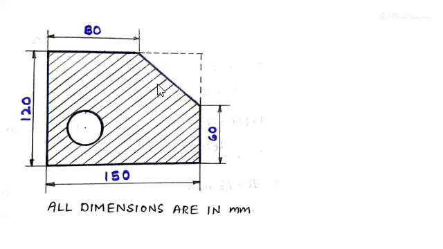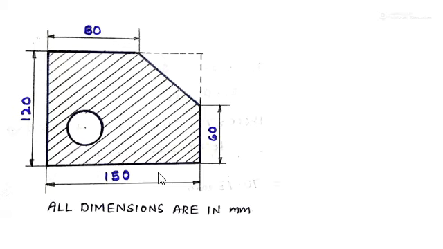To find out the centroid location for this remaining portion or this shaded area, if you observe, this area is not a regular figure. So we have to use the formulas of x bar and y bar to find the centroid of a complex shape.